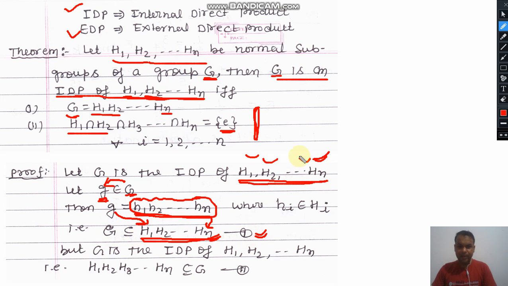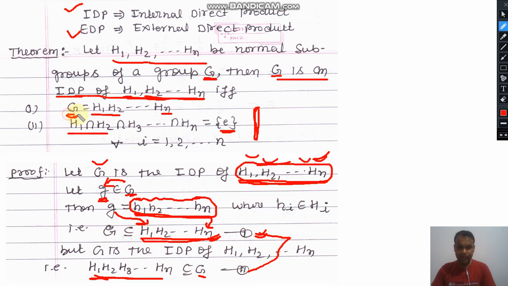But as we have assumed that the product of these n normal subgroups is sufficient to generate the elements of G, it will generate all the possible elements of G. So this part may be a subset of G. By using the first and second conditions, we can say that these are equivalent.